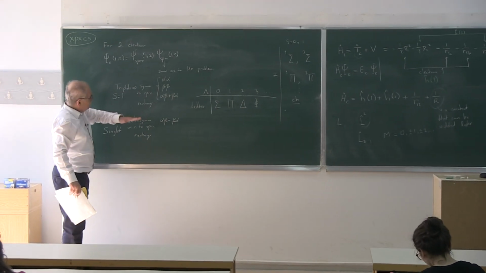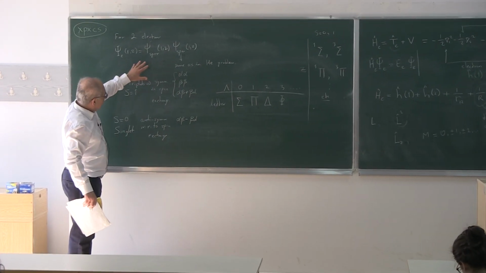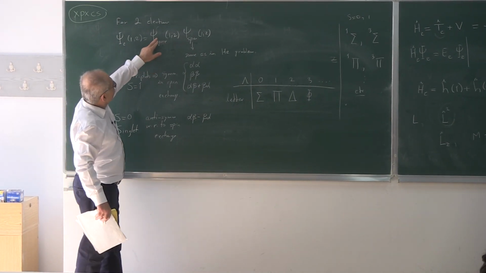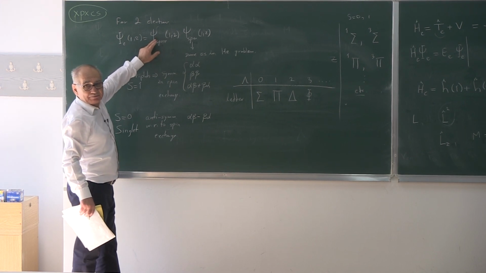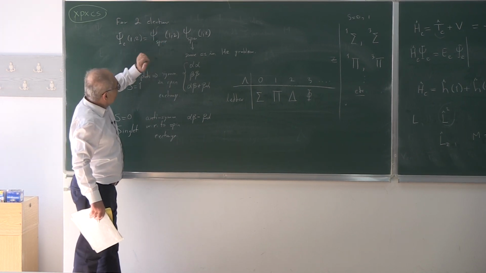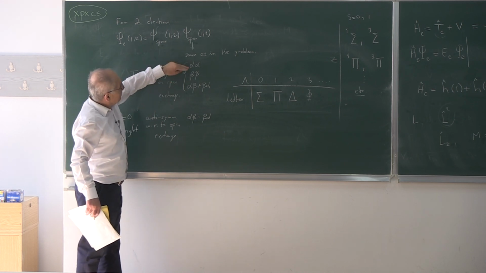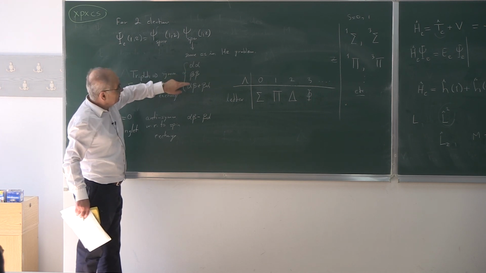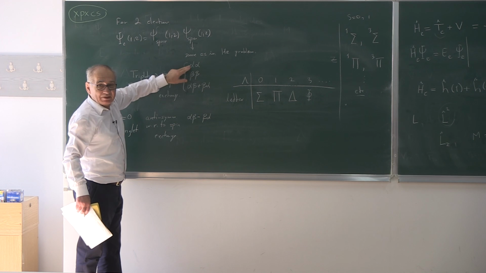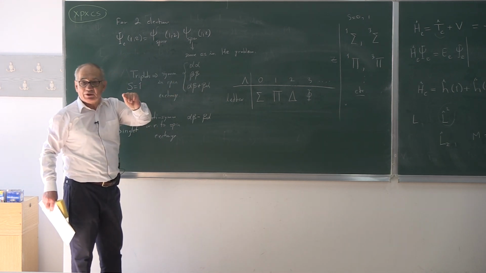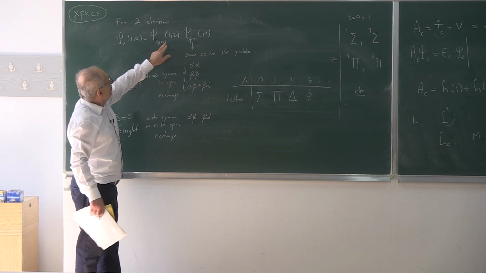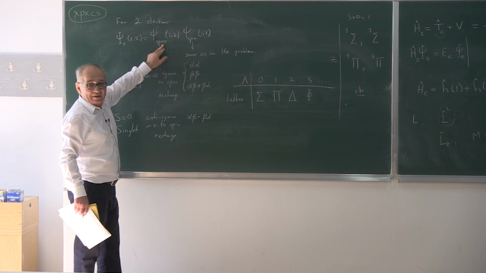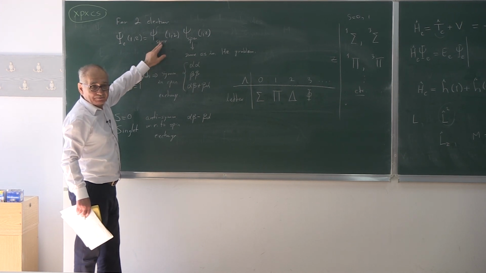So, now we can define what kind of property the space part should have. If the spin part is a triplet spin function, one of these 3, because these triplet spin functions are symmetric with respect to spin exchange, the space part, psi space, must be antisymmetric with respect to electron exchange.